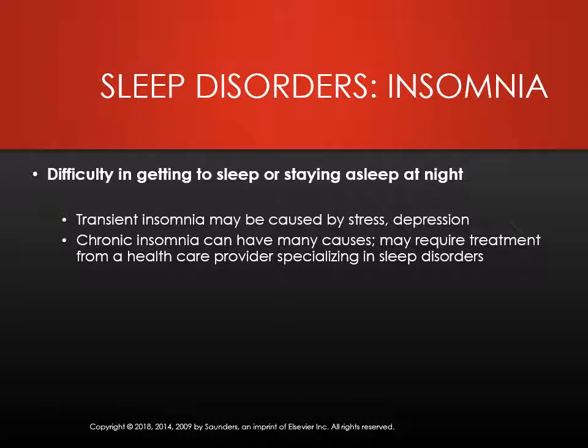Chronic insomnia may be the result of an underlying medical condition, or a behavioral or psychiatric problem. Depression can also cause insomnia. Individuals suffering from chronic insomnia may require treatment from a healthcare provider specializing in sleep disorders.